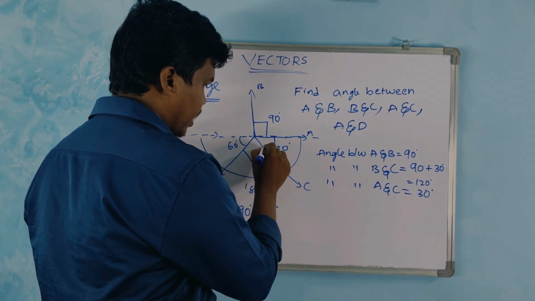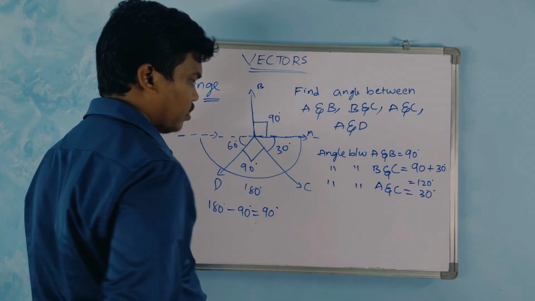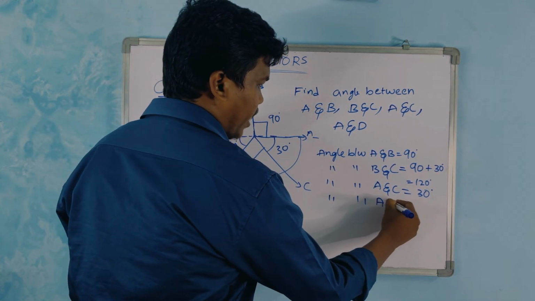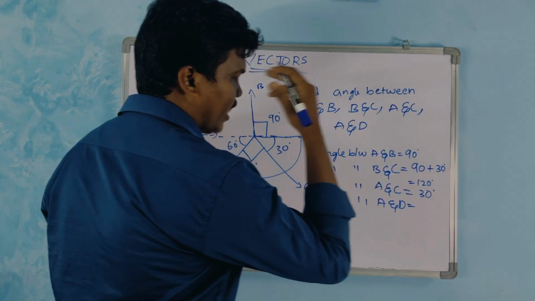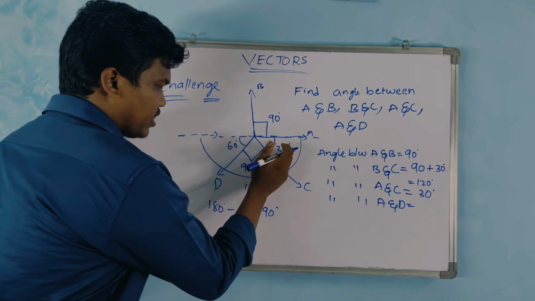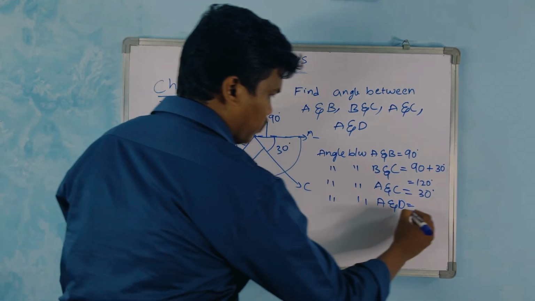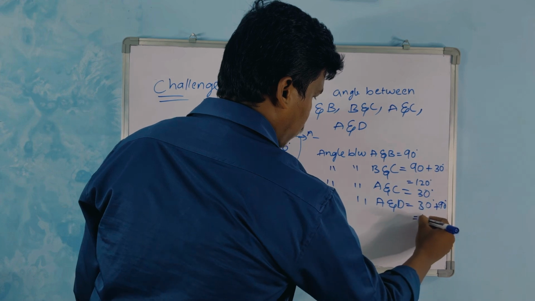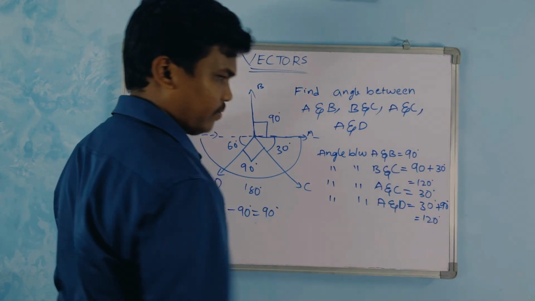Here it is a right angle, 90 degrees. So, they ask the question, angle between A and D. Here is A, here is D, here is 30, here is 90, 30 plus 90 gives 120 degrees.